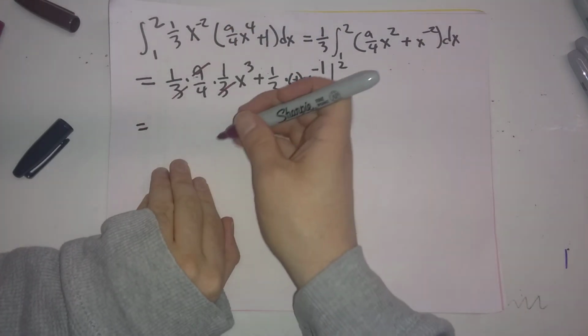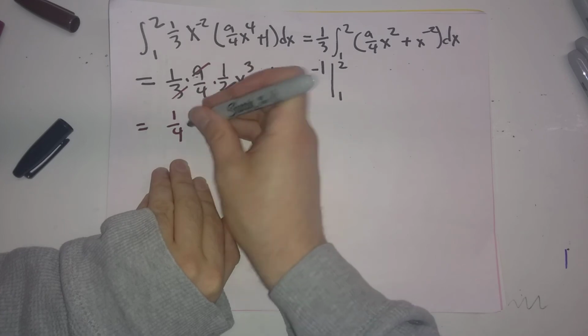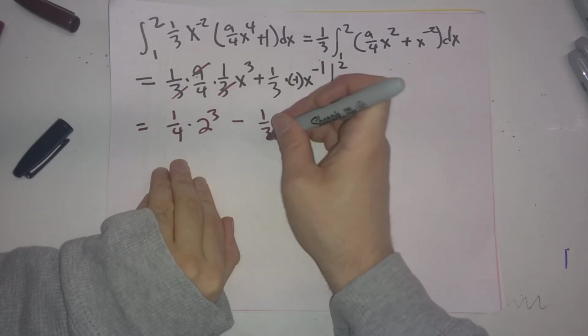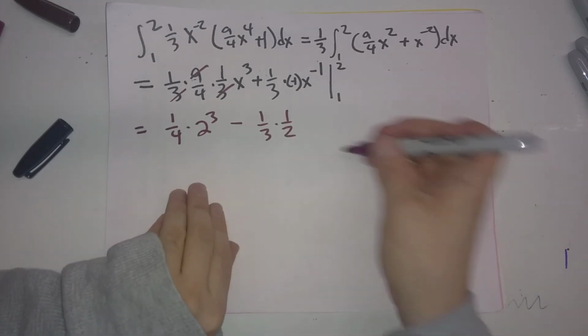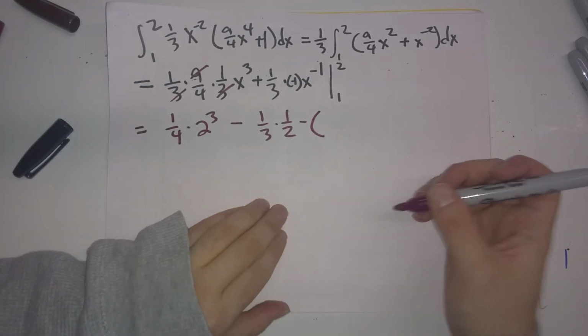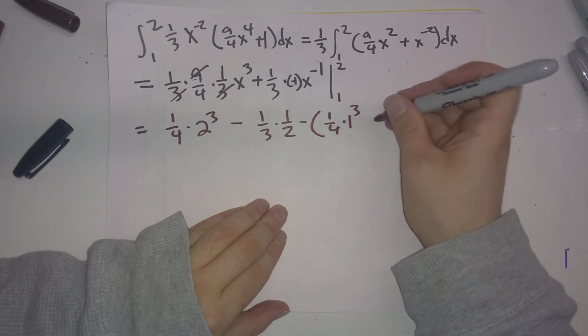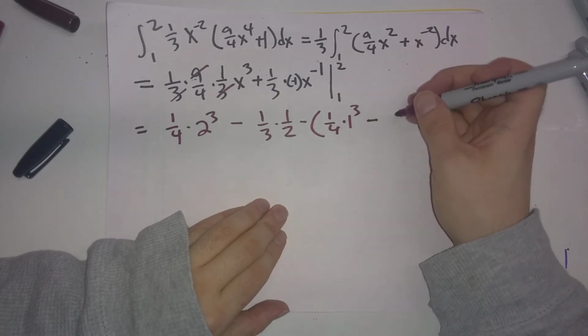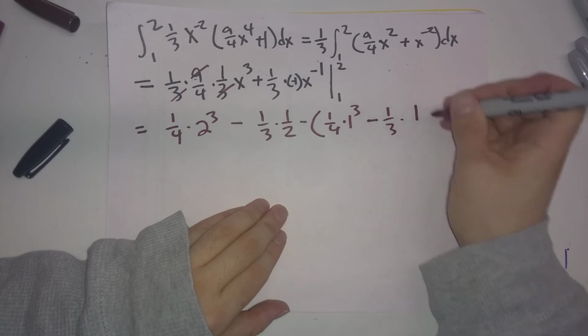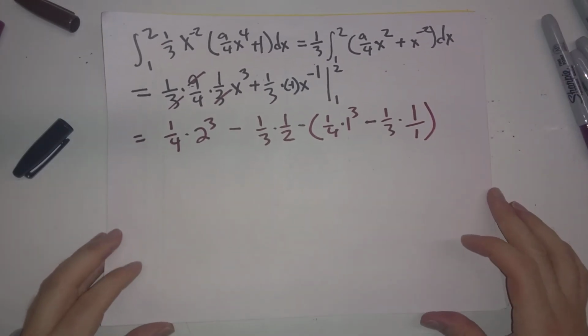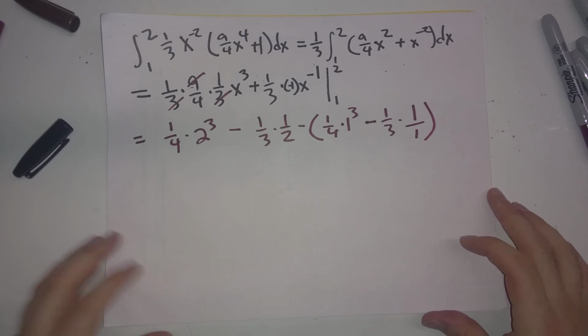And so we should end up with 1/4 times 2 cubed minus 1/3 times 1/2. So that's what I get when I plug in 2, minus 1/4 times 1 cubed minus 1/3 times 1 over 1. So whatever that simplifies down to, that is your final answer.